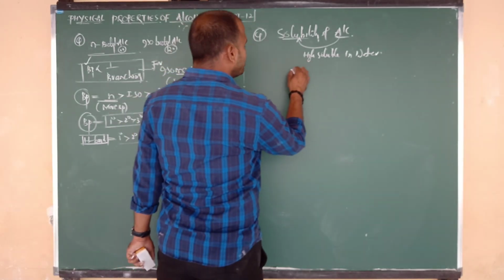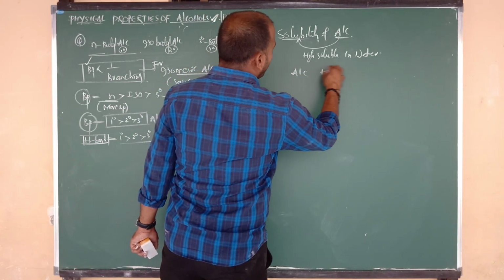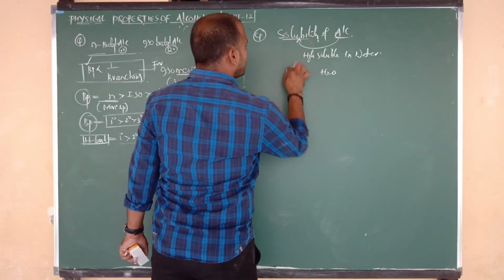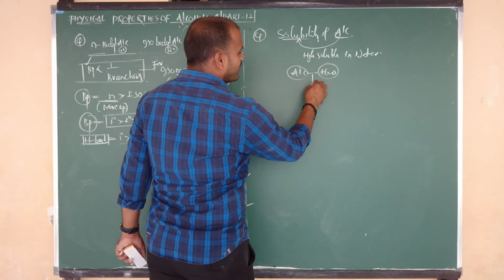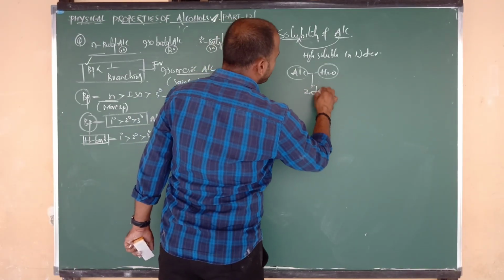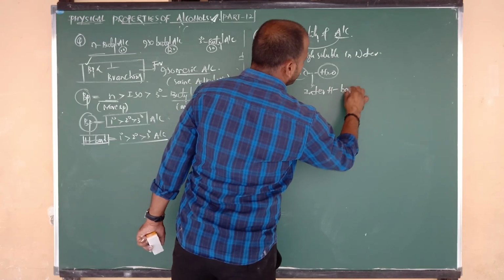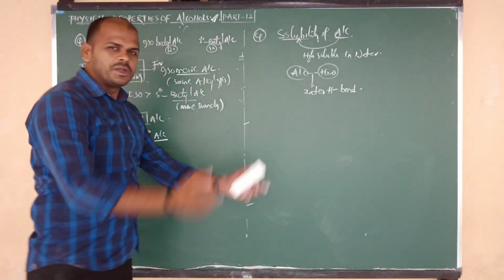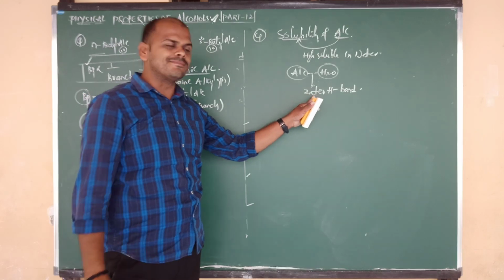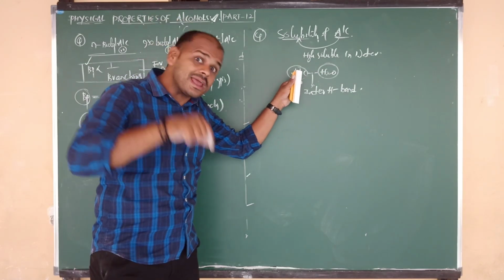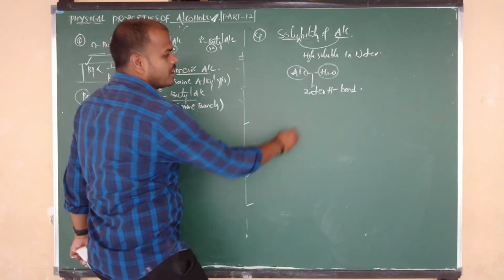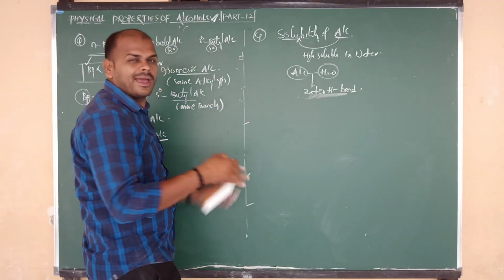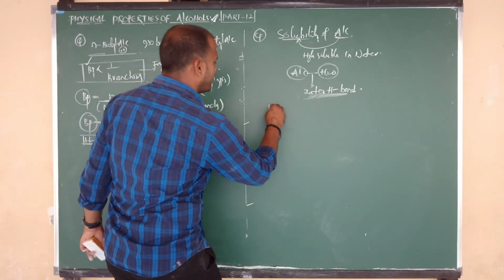Alcohols are highly soluble in water because between alcohol and water there will be the formation of what? The dotted line means intermolecular hydrogen bond. Due to the formation of intermolecular hydrogen bonds between water and alcohol, lower alcohols are completely soluble in water. The reason is only the formation of intermolecular hydrogen bonding.